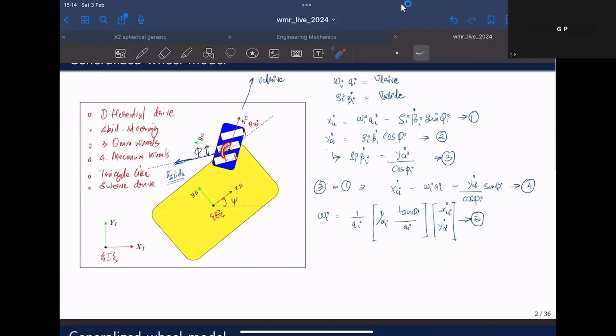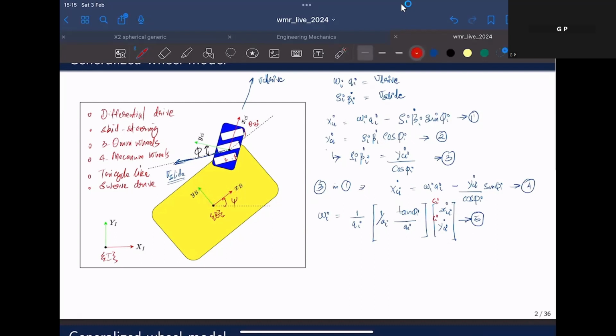I'll write a superscript CI over here to denote that all the quantities derived in equation 5 are represented with respect to frame CI. And you can actually bring everything back. You can represent the vectors XCI and YCI with respect to frame B.